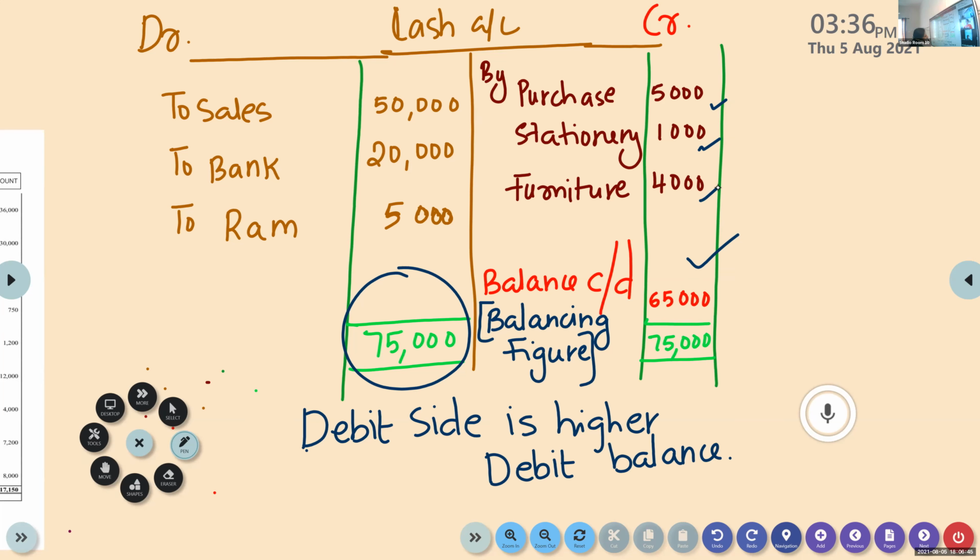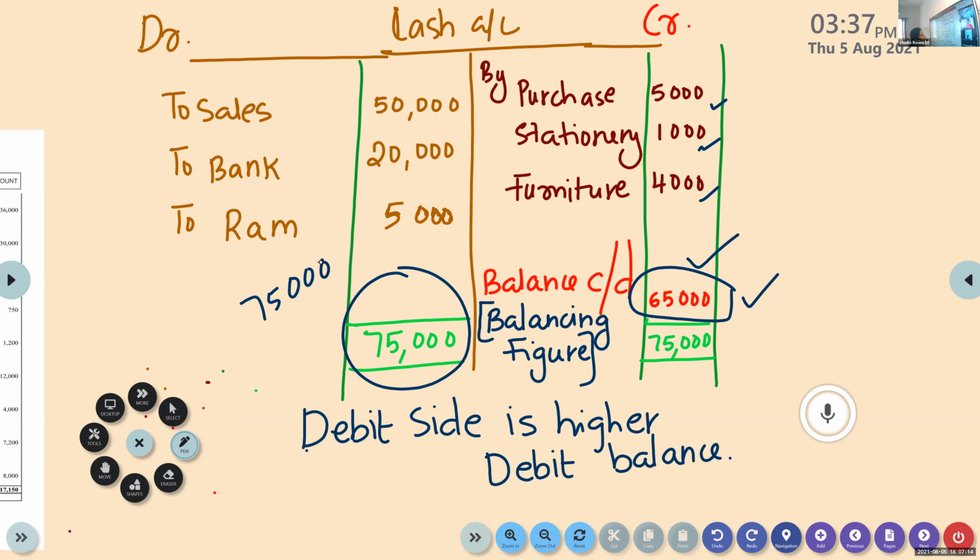Now, with the business, it is having 65,000 balance only. In your purse, you had 75,000 rupees.